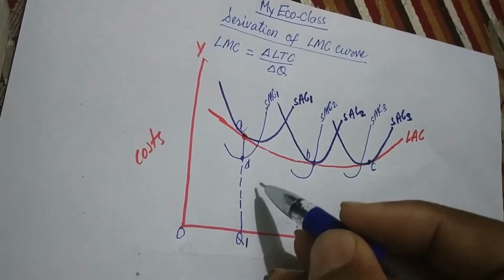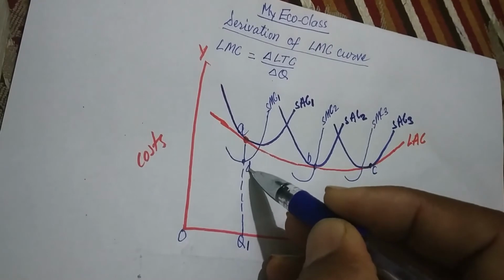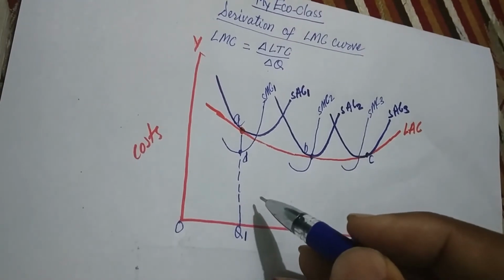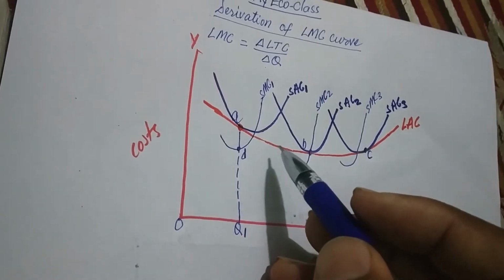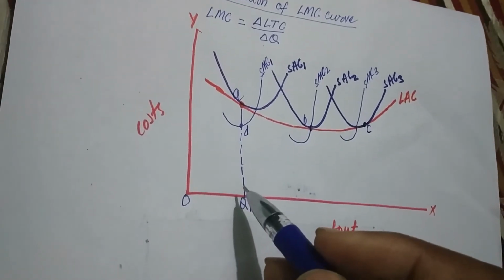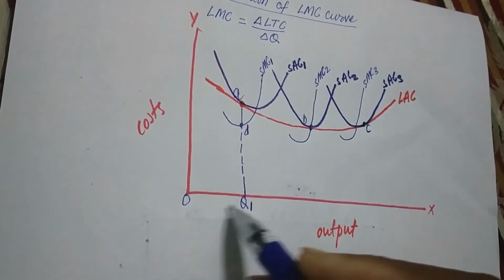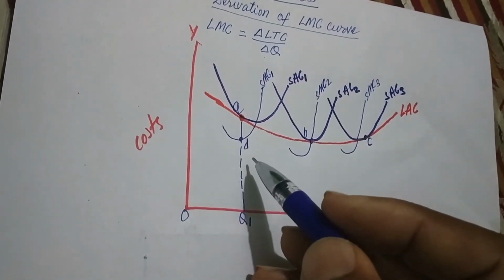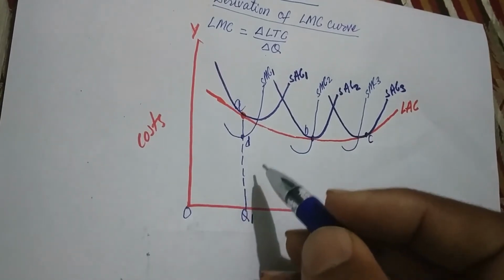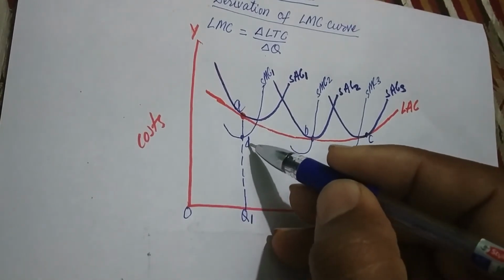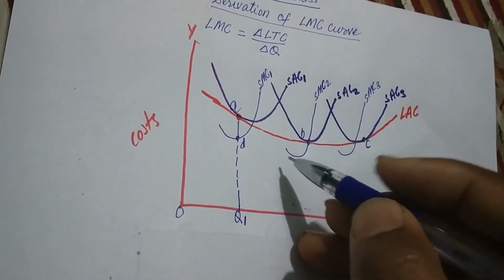The short run marginal cost is also equal to the long run marginal cost for the same level of output. So the long run marginal cost for OQ1 level of output is also equal to dQ1.